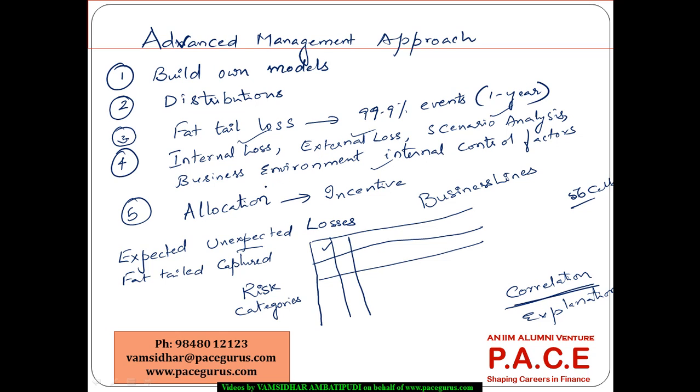But in reality, what happens is, at the max, in building the model, they might use 1 or 2 of these 4. Probably some models they build only with internal loss data, but do some kind of testing with the other data elements, so they can adjust the models with the others.